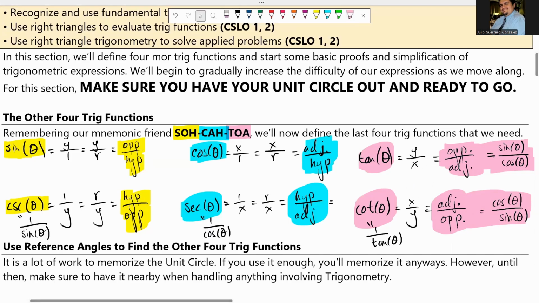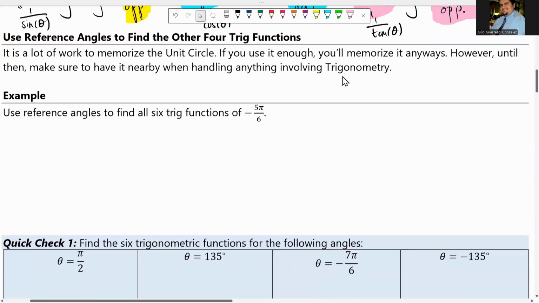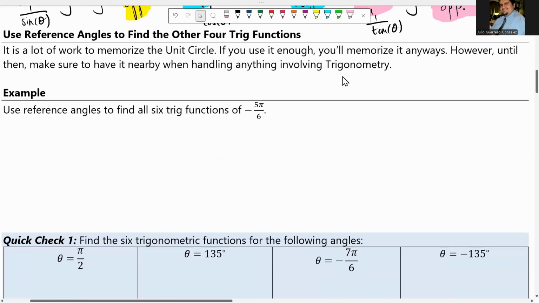All right. So let me get my bearings here. Minimize the thing that I wanted. There we go. All right. So what I want to do now is do some examples of how to actually work with these functions. In particular, the thing that we're going to be using the most is how to compute these 6 trig functions based off of an angle that's been given.